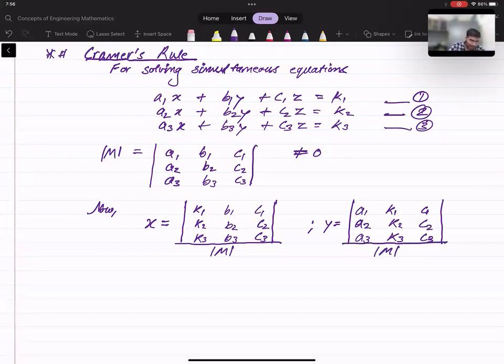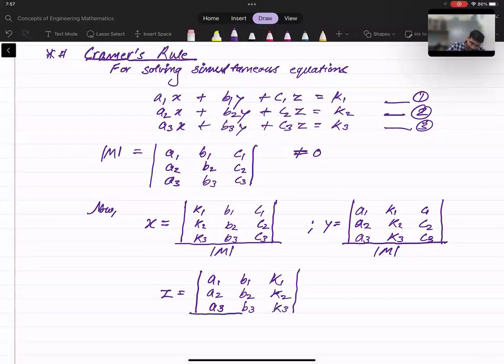Similarly for z, we have a1, a2, a3, b1, b2, b3, and here we will have k1, k2, k3, and we will then divide by the determinant m. In this way, we can solve simultaneous equations. This was for simultaneous equations in three variables.